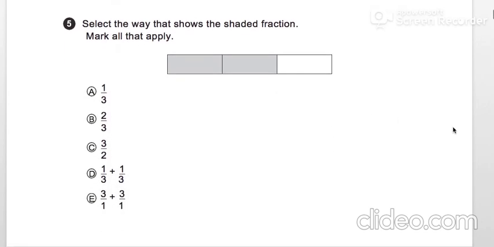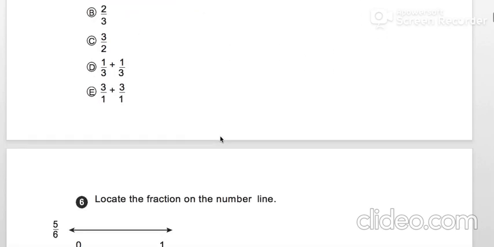Number 5, select the way that shows the shaded fraction. Mark all that apply. So there may be more than one. Remember, this fraction bar is your whole. 1 whole is the whole fraction bar, and the parts that are shaded are the parts.